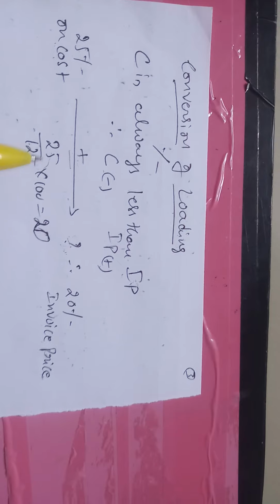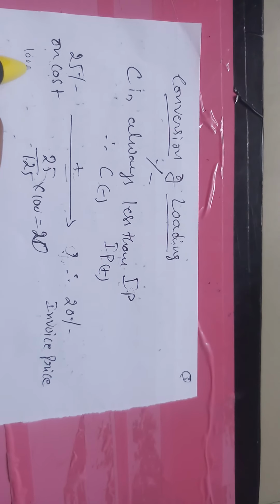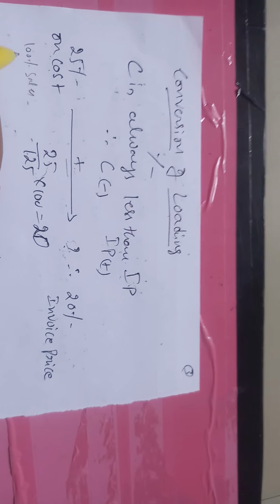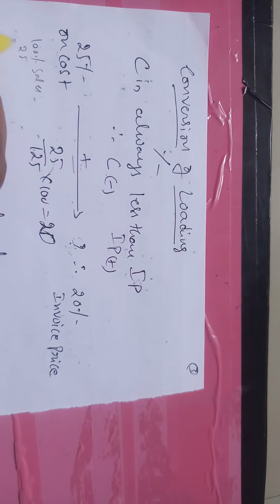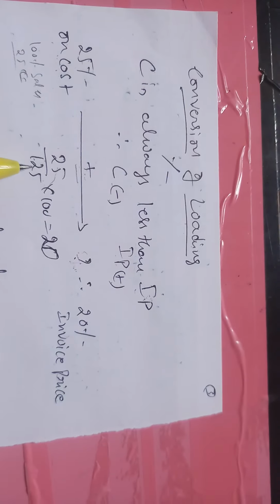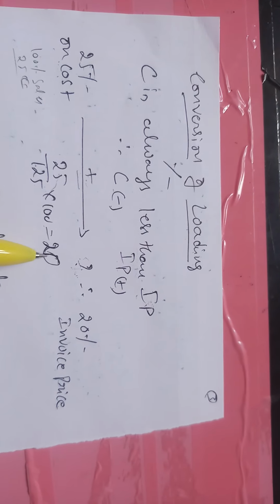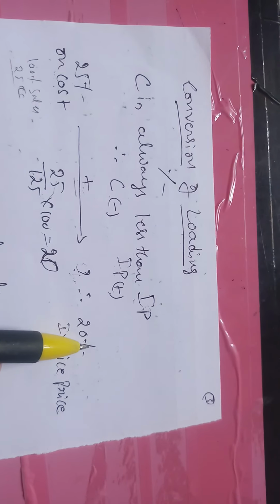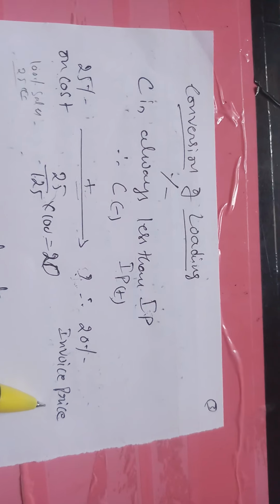Total 100 is the sales, right? 100% is the sales. So we add 25, this is the cost, right? That's why 125 into 100 gives us 20%. This 20% is the invoice price.